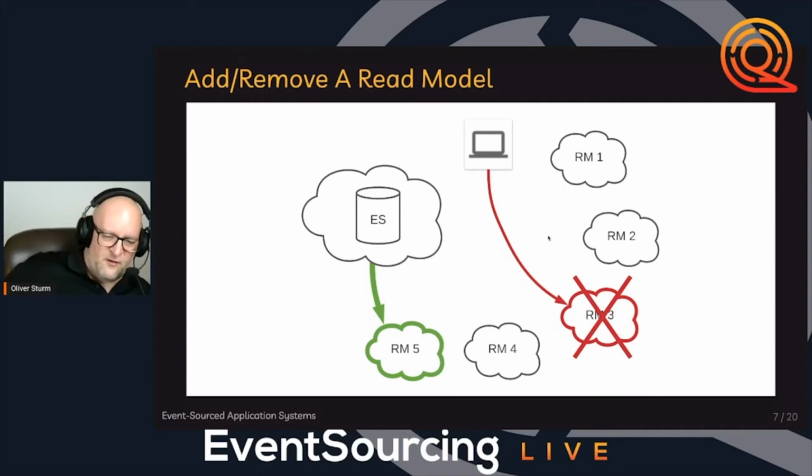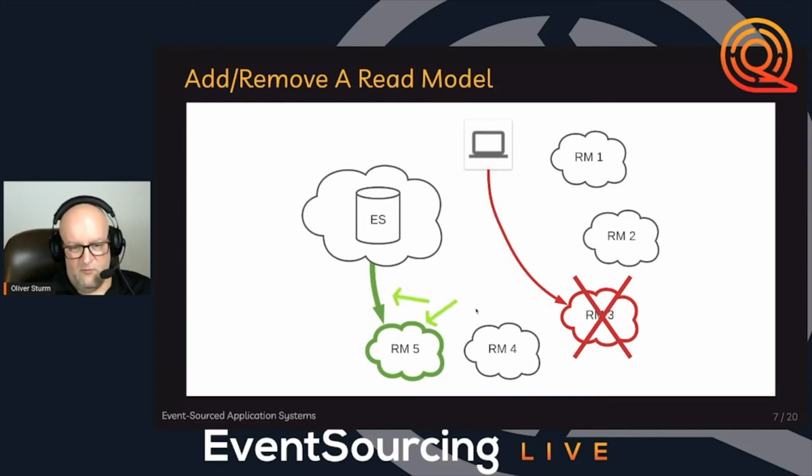Now, this is basically a pretty simple process that you might have, of course, performed yourself before. So the idea is that, in any given event sourcing system, I should be able to create and add a new read model to my existing architecture without too much hassle, right? That's the green arrow down here.